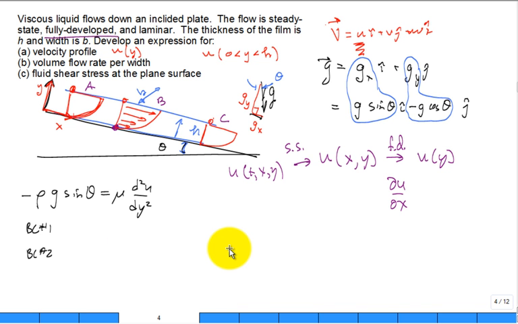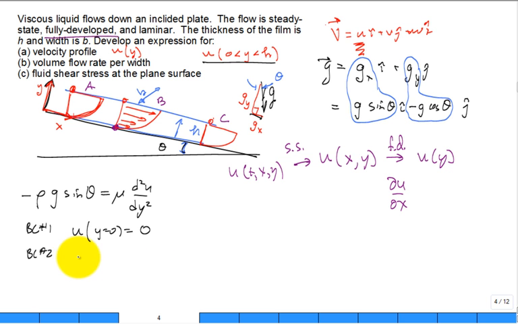So now we can look a little better and say, okay, what is one boundary condition? I'm trying to solve for u, and we know that u goes as a function of y between 0 and h. So think about boundary conditions. u at y equal to 0 is equal to 0.